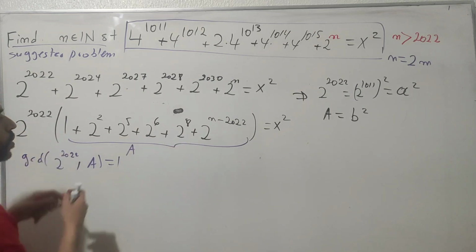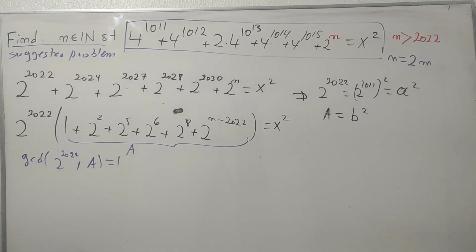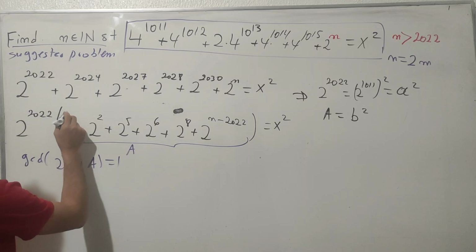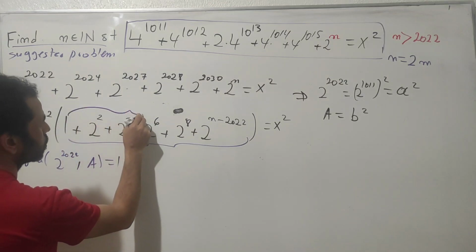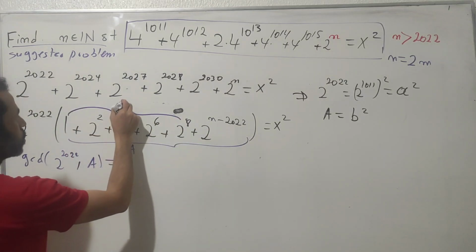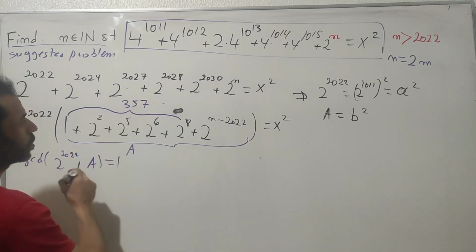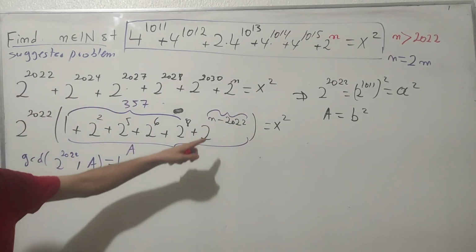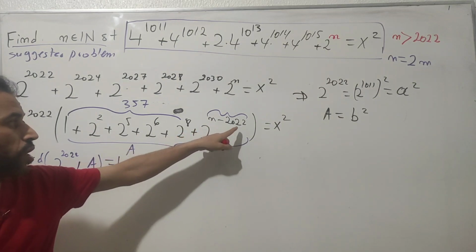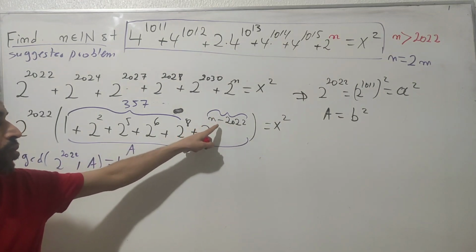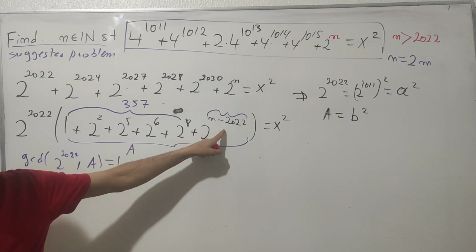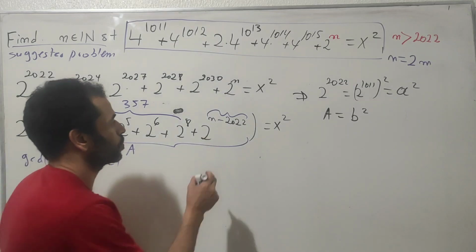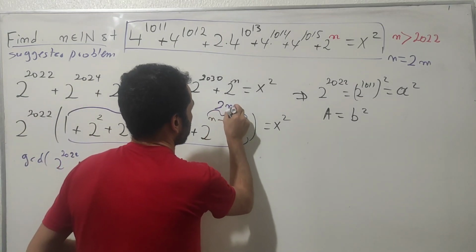Now if you calculate all these things here, this one equals 357. Since n was even and 2022 is even, even minus even is going to give us an even exponent. Let's replace this with 2m prime.